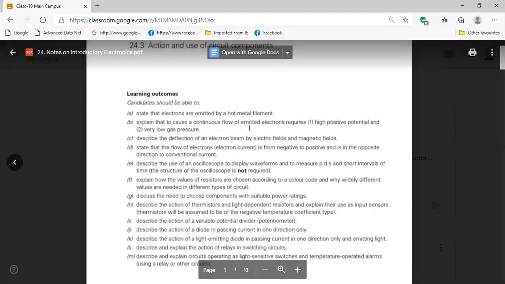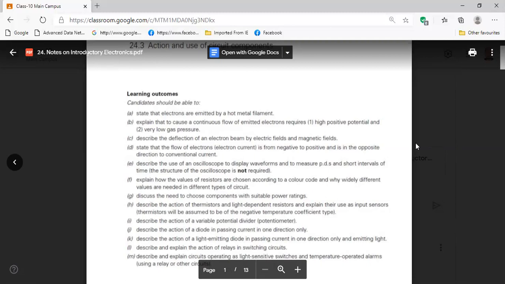Yeah, continue Ziva. Explain that to cause a continuous flow of emitted electrons requires one, high positive potential and two, very low gas pressure. Describe the deflection of an electron beam by electric fields and magnetic fields. State that the flow of electron current is from negative to positive and is in the opposite direction to conventional current.